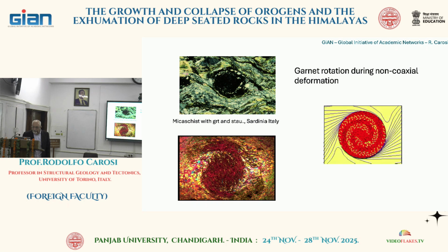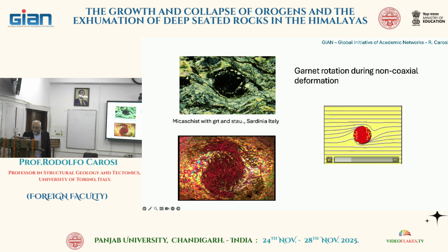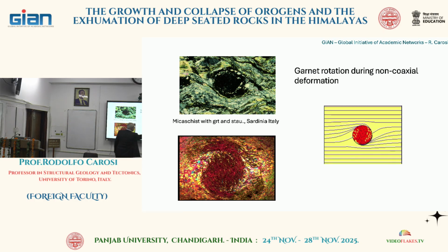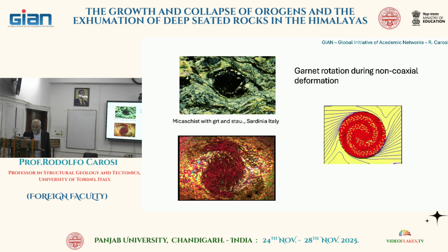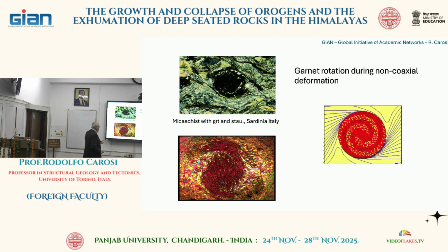You can have a snowball structure like this, very complex, or in this case, a rotation of about 90 degrees, so you have a picture like this one. If rotation continues, you can rotate 90, 180, and so on, 360. So it is the case of a synchronic mineral rotating during its growth.